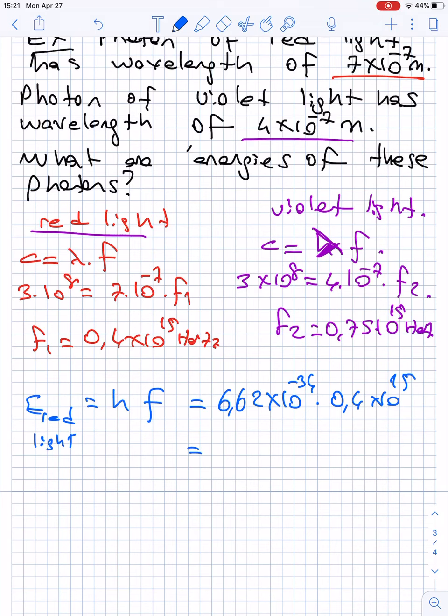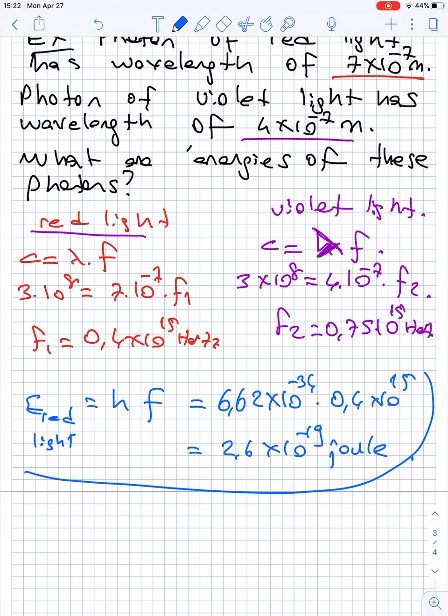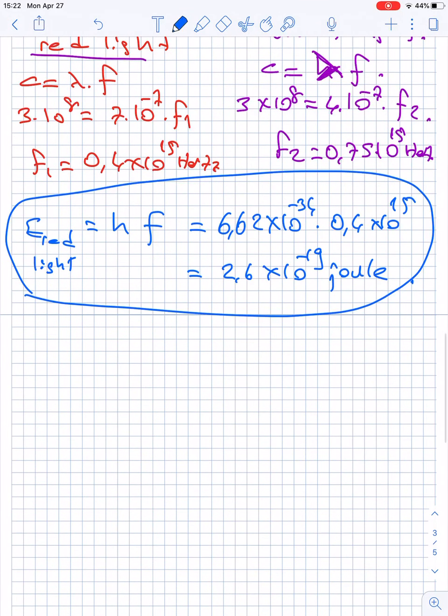My result is 2.6 times 10 to the power minus 19, unit is joule. This is the red light energy.